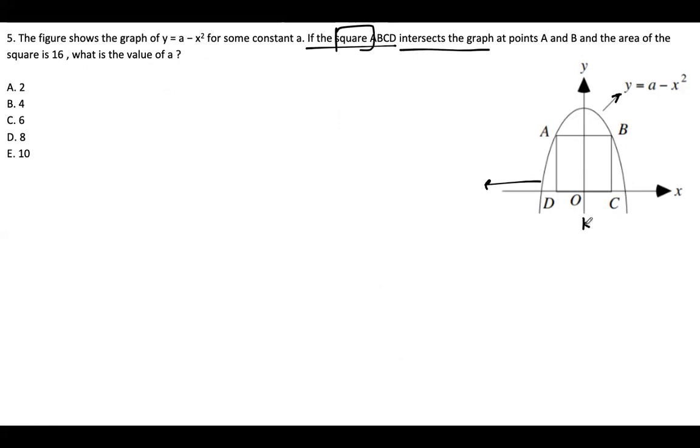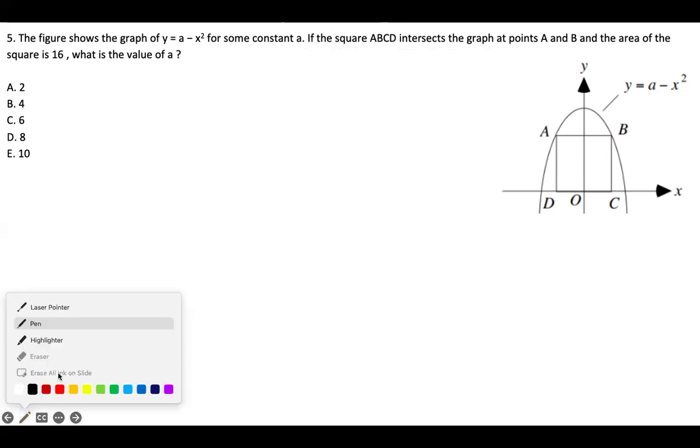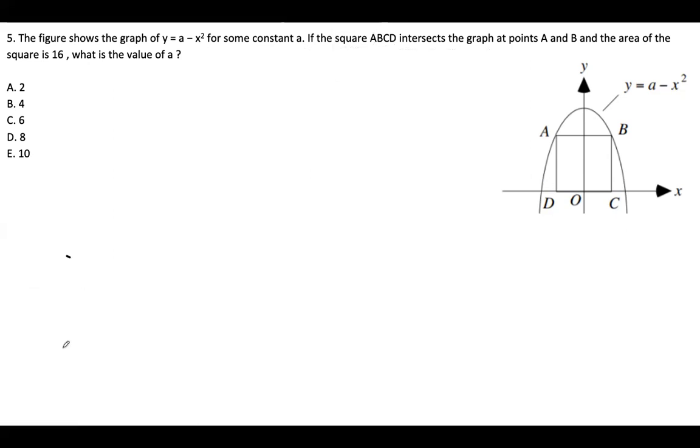So whatever the distance from here and here, the same distance will be from here and here. When I say y is equal to x square, isn't it symmetrical to the y-axis? Symmetrical, okay. And the roots will also be a and minus a. So points D and C.